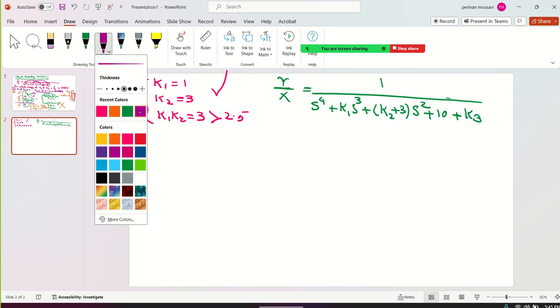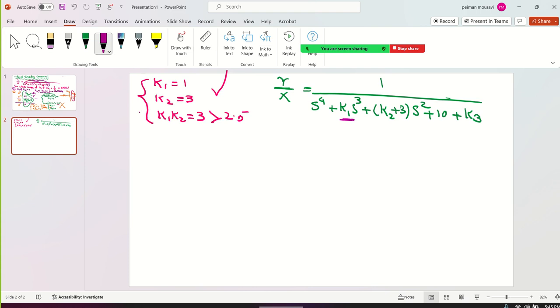Suppose you have such a system that after linearization and coming to the linear control domain, you're not sure about K1, K2, and K3, or you are adding a controller. First, you have to know the range of stability for this system.